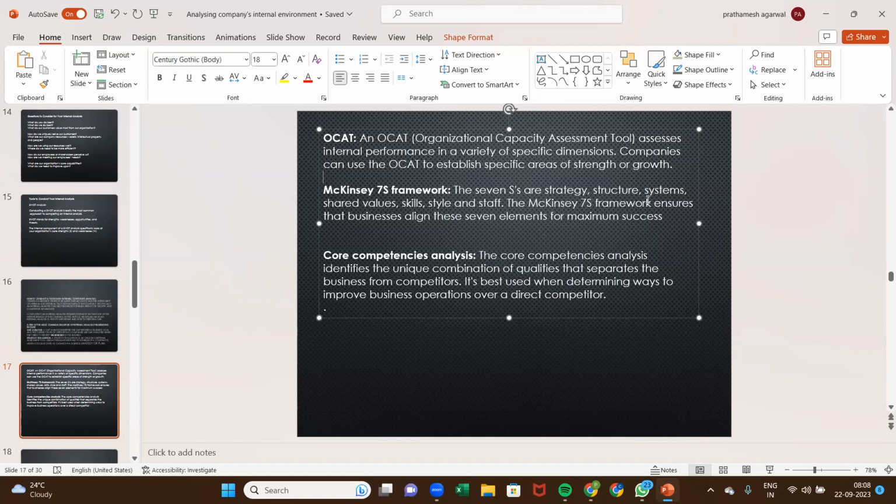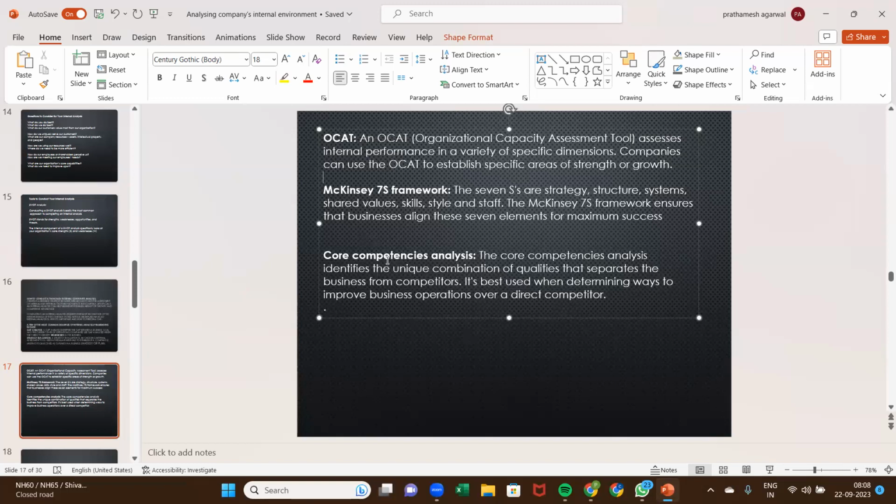The McKinsey 7S framework ensures that a business aligns these 7 elements for maximum success. That means there is a proper alignment of these 7 S's, or you can say the 7 factors, and they align in a direction where maximum objectives can be attained or maximum growth of a company can be attained.